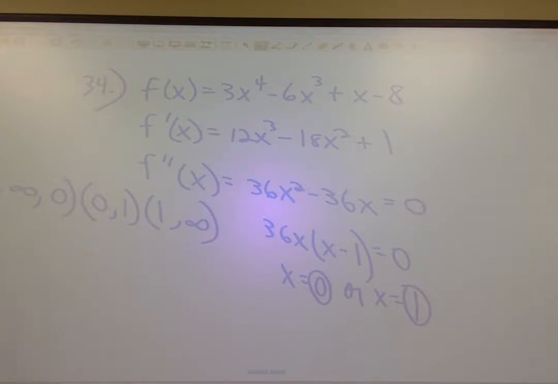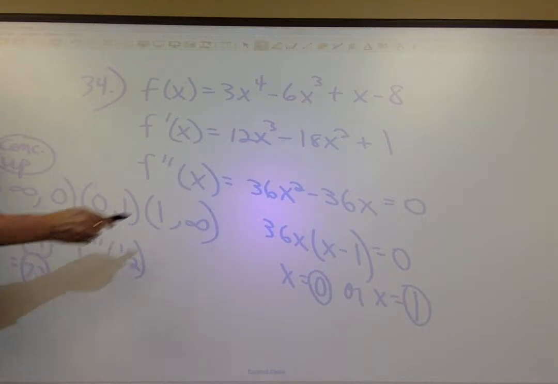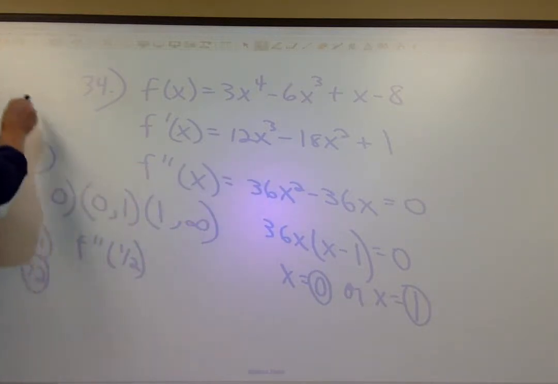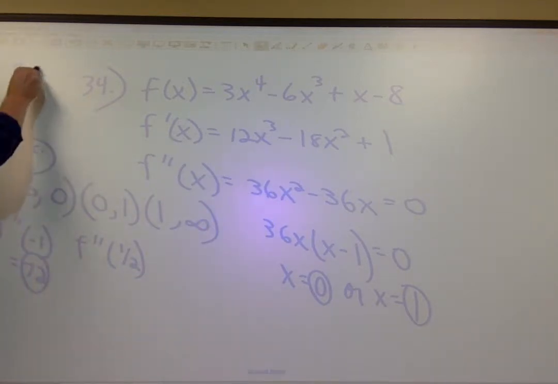Well, I want to say, what is f double prime of a number in there? I bet most of you pick negative 1. If I pick negative 1, that would be 36 plus 36, which is 72, which is positive. So that's concave up. If I put f double prime of 1/2, well, 36 times a fourth is 9, minus 36 times a half is 18.